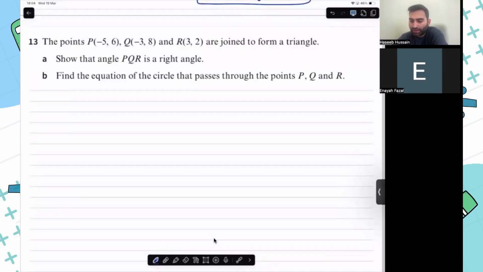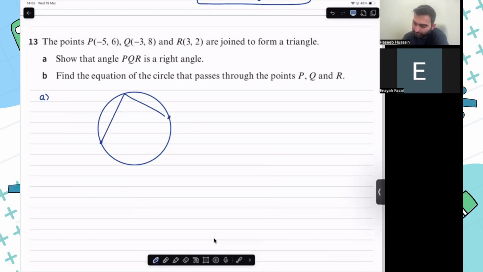Then it says the points P, Q, R are joined to form a triangle. Show that angle PQR is a right angle. So PQR being a right angle basically means, if you know the property, that PR should be the diameter.